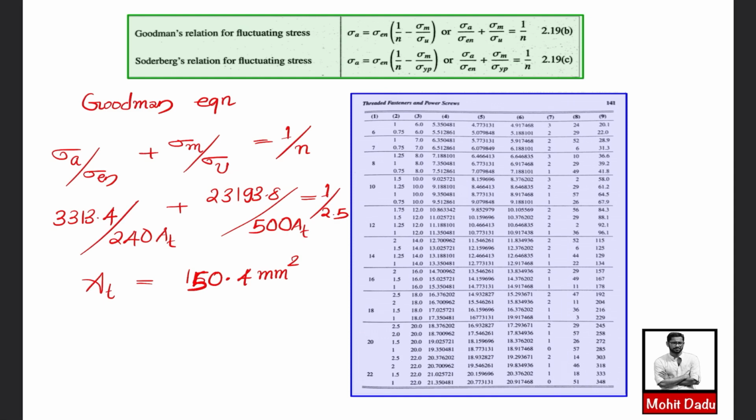The tensile area is given in the last column, and the area coming after this one is 157 mm square. 157 mm square corresponds to a pitch of 2 and a major diameter of 16. So you can finally designate the required bolt as M16 by 2. This is the selected ISO metric thread bolt according to the Goodman equation.